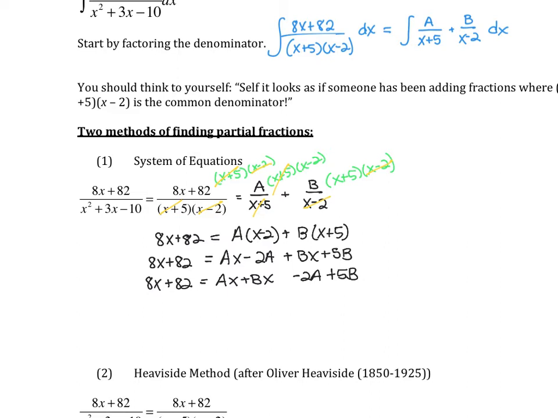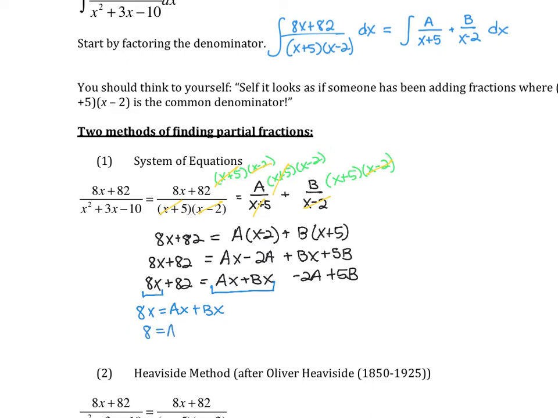What I want you to see is that we can write a system of equations that says that if 8x plus 82 needs to equal ax plus bx minus 2a plus 5b, then 8x is going to need to equal ax plus bx. So let's write that down. 8x needs to equal ax plus bx. Well, let's divide out the x's.